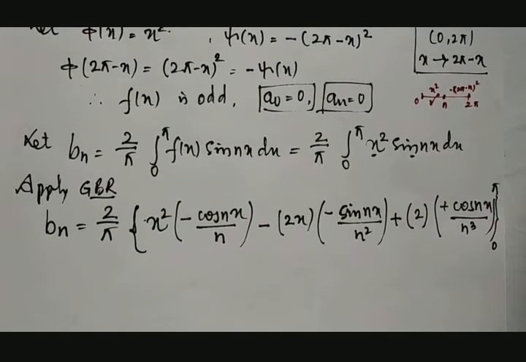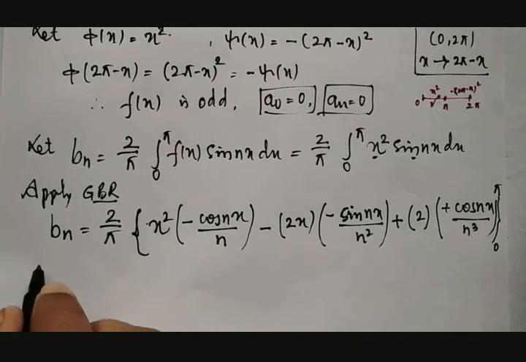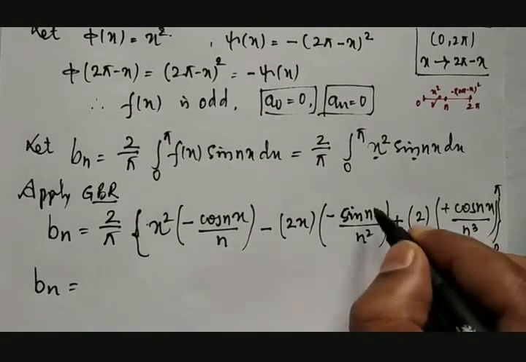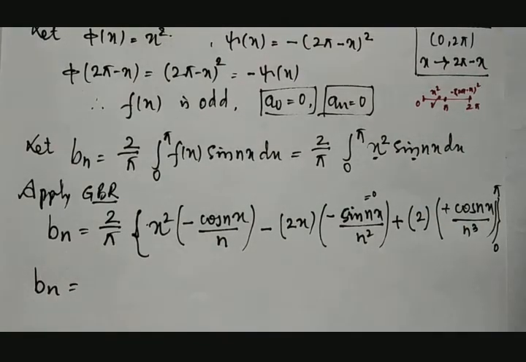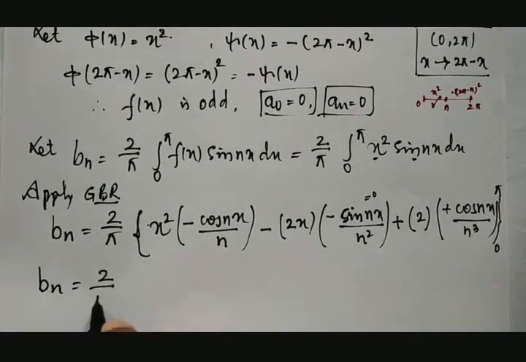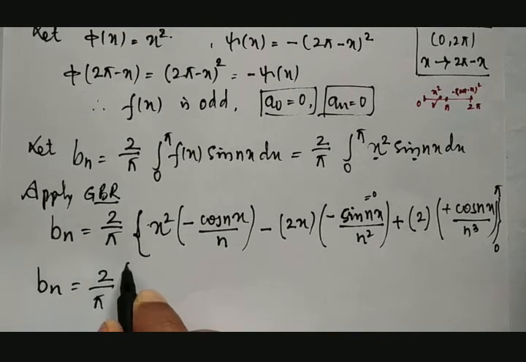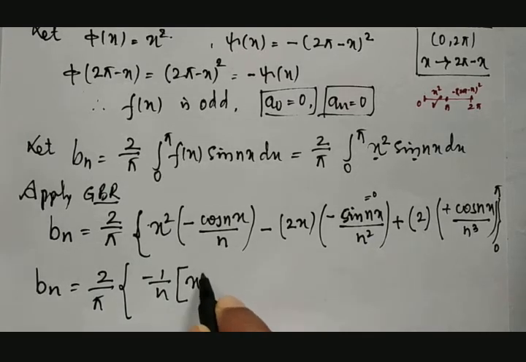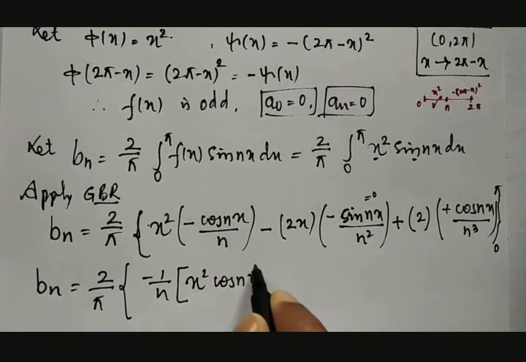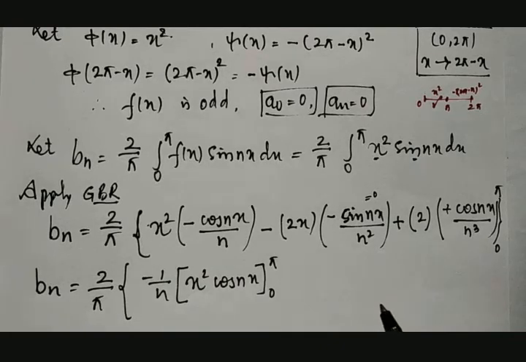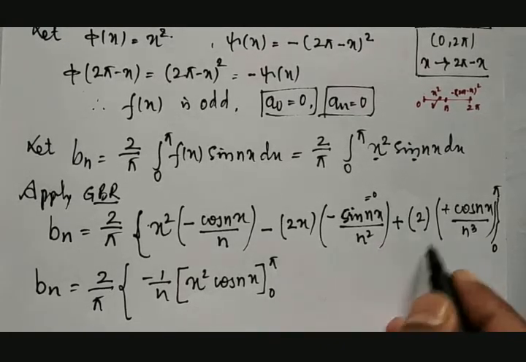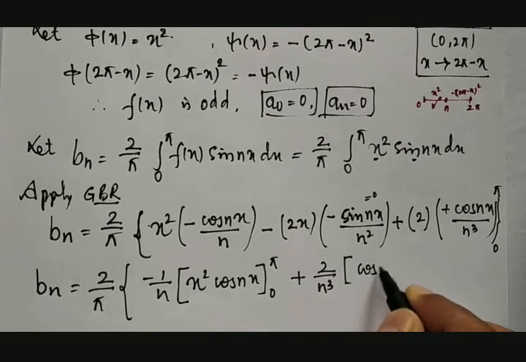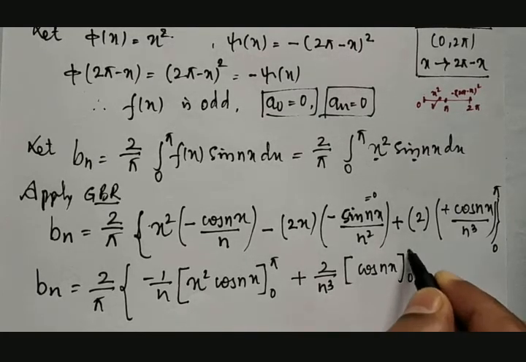Fine. Therefore bn is equal to, again due to the limit the sine term becomes 0, therefore 2 divided by pi into minus 1 divided by n will be taken out, then here x square into cos nx between 0 to pi, this is gone, then here it is 2 divided by n cube into cos nx between 0 to pi.